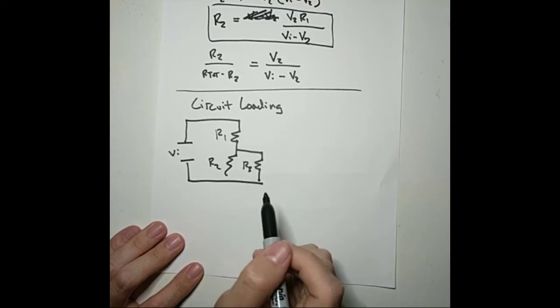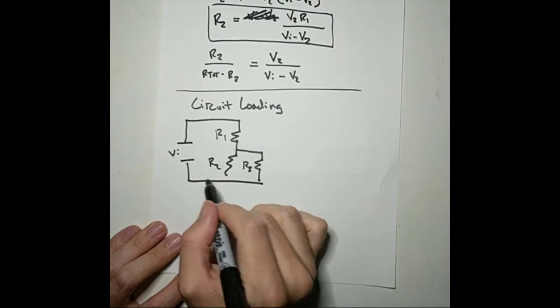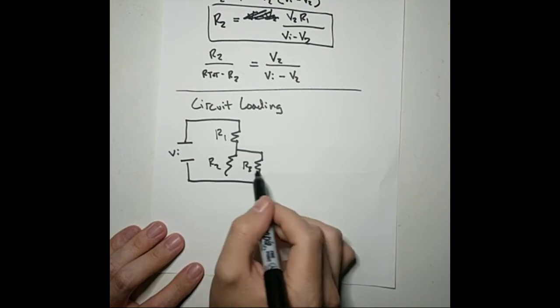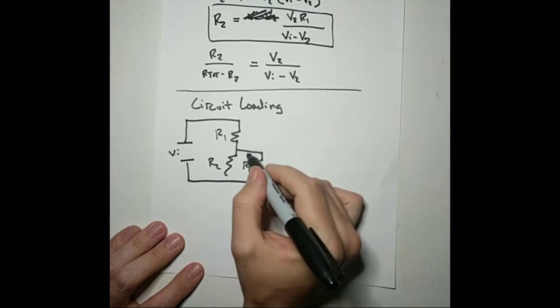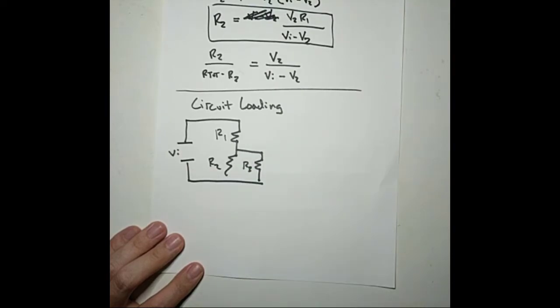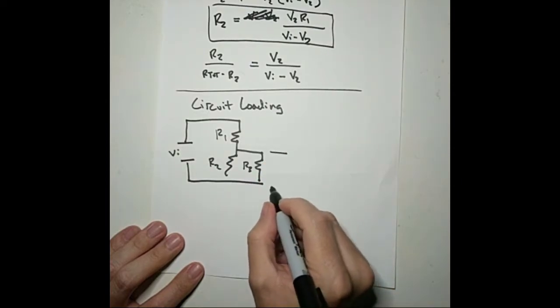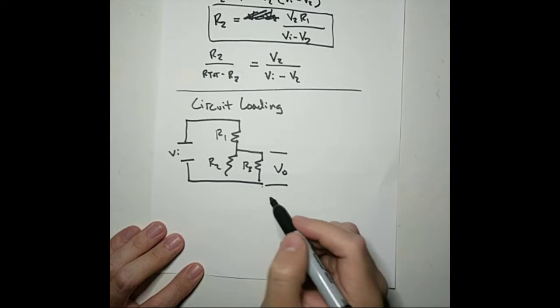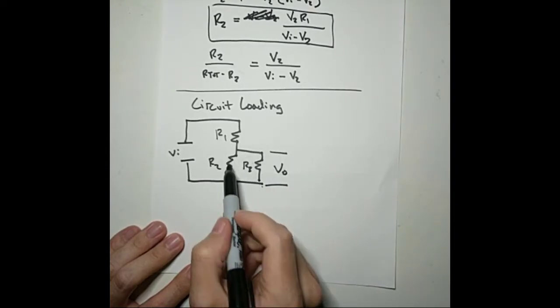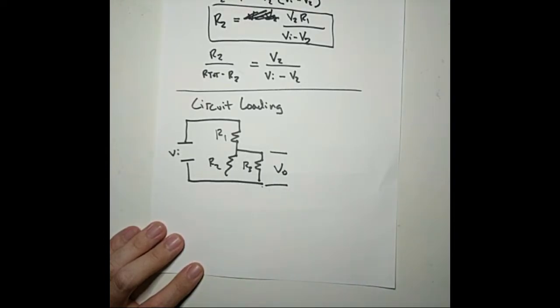Regardless of what that resistance is, this equivalent resistance will always be less than either of those by themselves. That's because we're giving additional paths for current to flow. So the voltage drop between there and there is the same for both of these resistors, but the current through them is different.